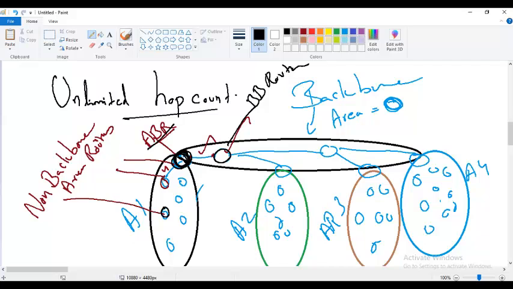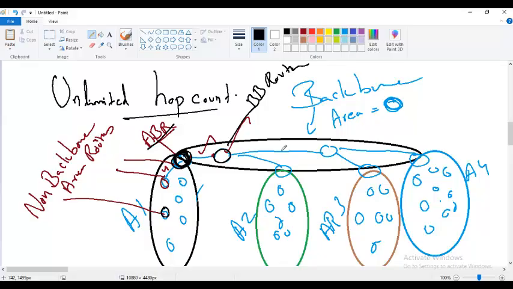Fine. So when you configure OSPF, you will be mentioning the area ID. That is to say, to which area that link belongs. If you take the ABR, this link belongs to area 0, whereas on the same router, this link belongs to area 1.